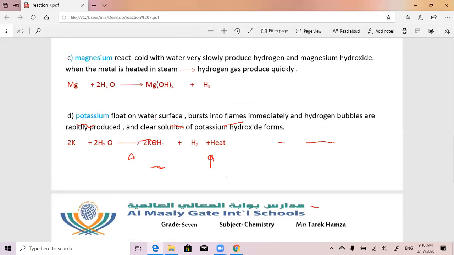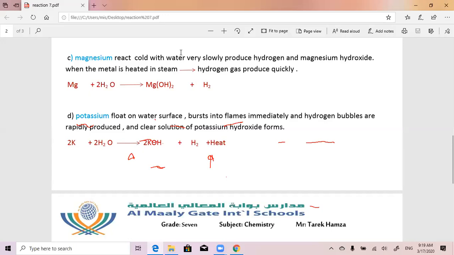Potassium is lighter than water, so it floats on the surface of water. When potassium reacts with water, it immediately produces a flame, and hydrogen bubbles are rapidly produced.